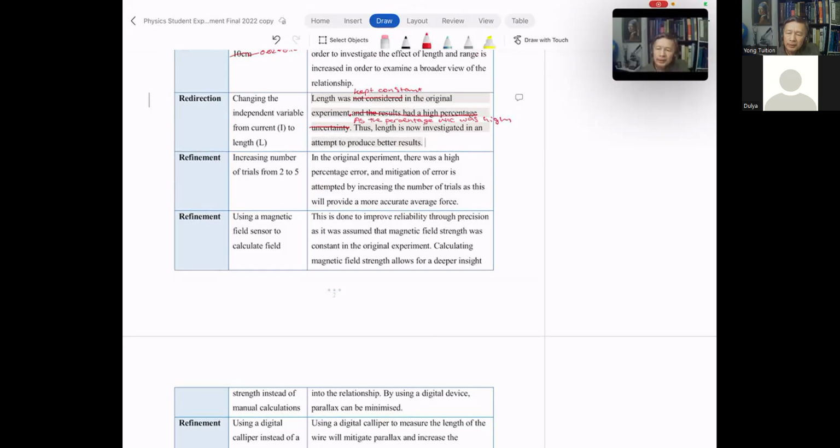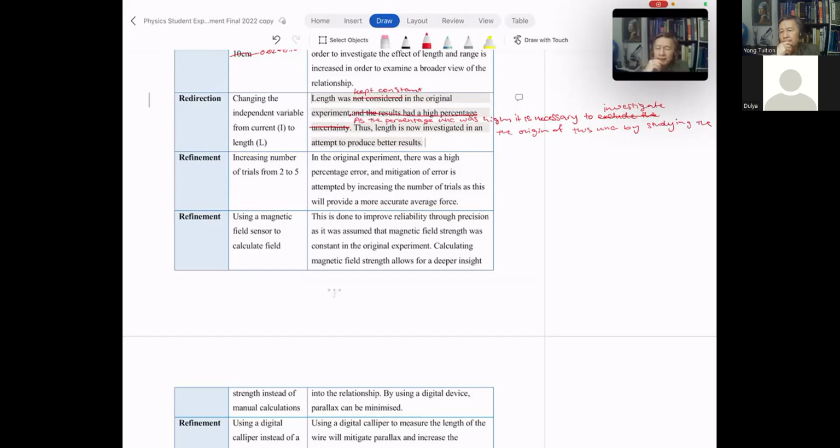It is necessary to exclude, how to say, it's necessary to find out the origin of this observed uncertainty by studying the length.